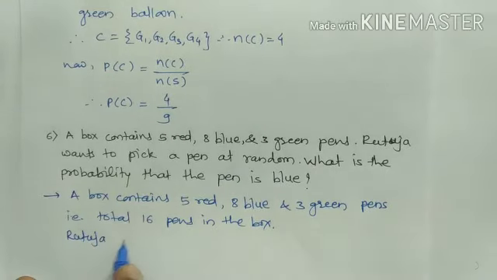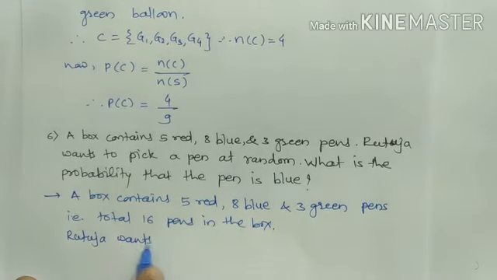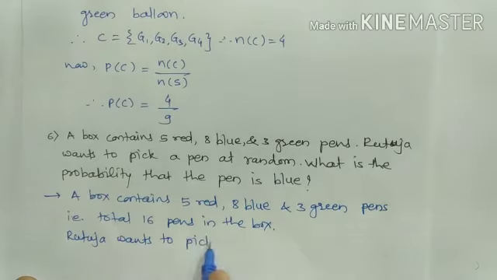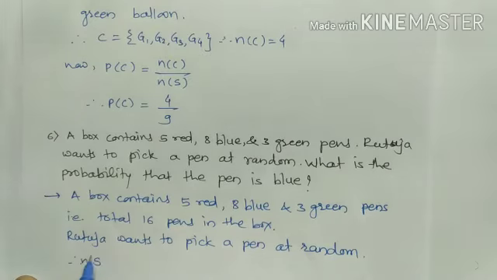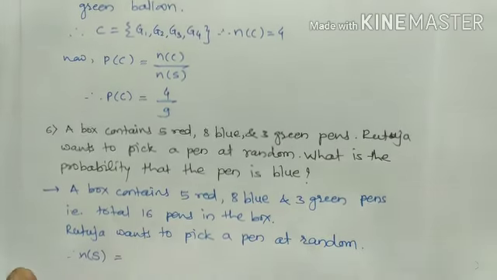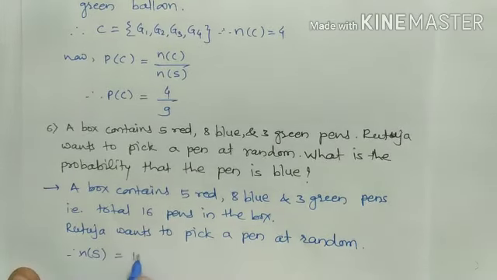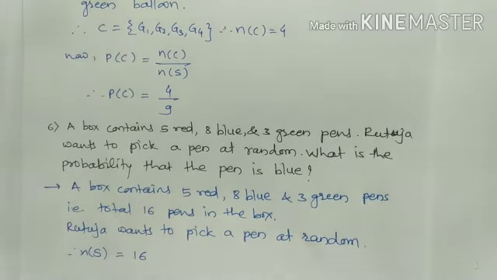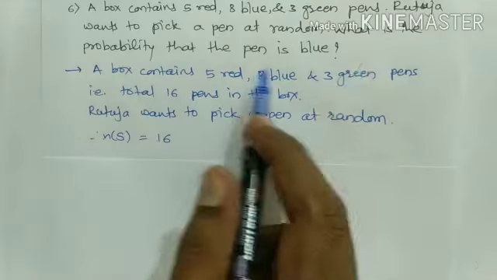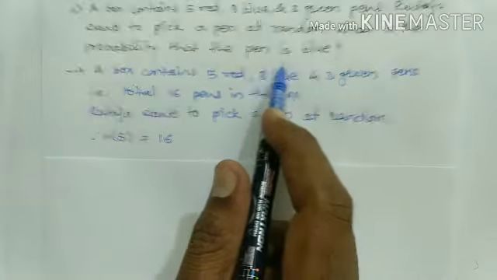See, Rutuja wants to pick a pen at random, and therefore the number of sample points in the sample space equals 16. Now the event is the pen picked is a blue pen.